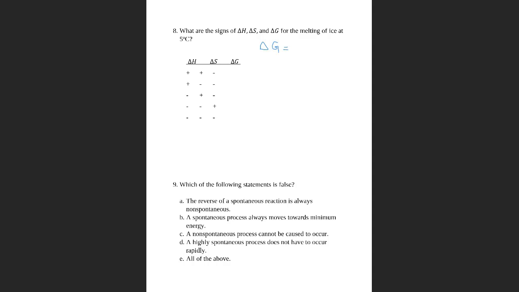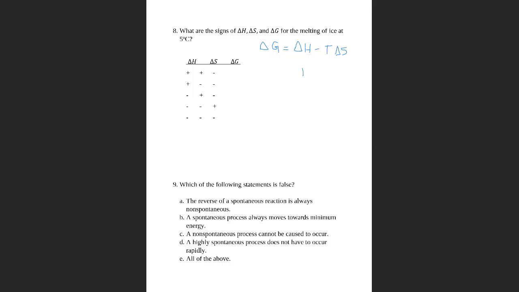When you're analyzing this, you have to go beyond the mathematics. You have to think about this, because in truth we don't know precisely how big the delta H value is, and we don't know precisely how big the delta S value is. There's not enough information for that. All we know is that it's absorbing energy and it's becoming more disordered.